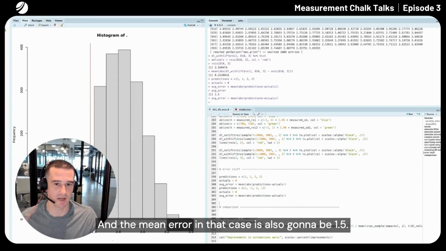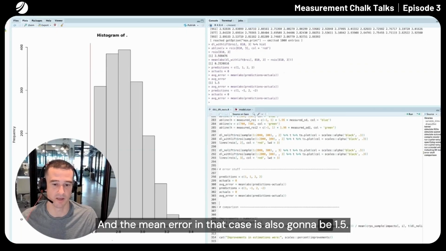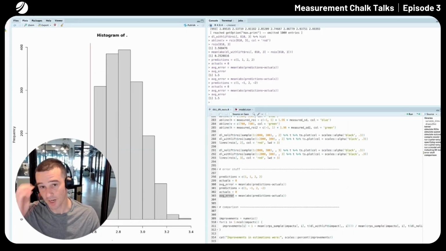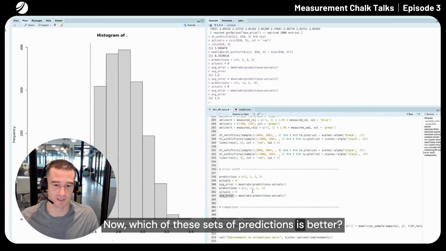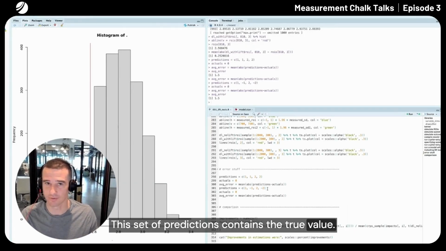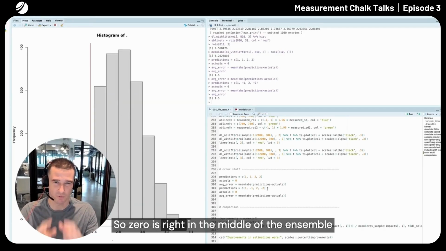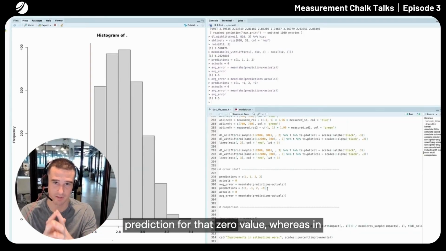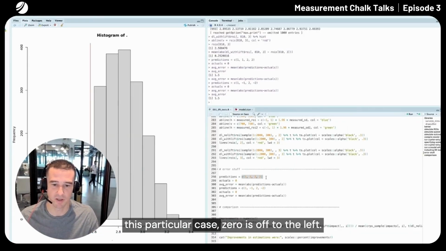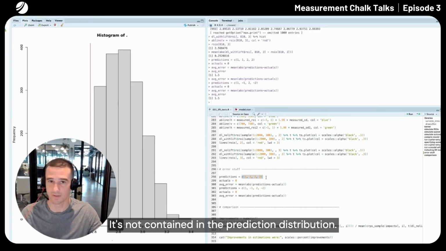And the mean error in that case is also going to be 1.5. Now, which of these sets of predictions is better? This set of predictions contains the true value. 0 is exactly in the middle of -1 and 1 and of -2 and 2. So 0 is right in the middle of the ensemble prediction for that 0 value. Whereas in this particular case, 0 is off to the left. It's not contained in the prediction distribution.